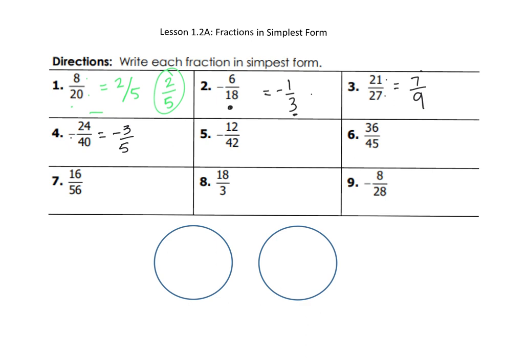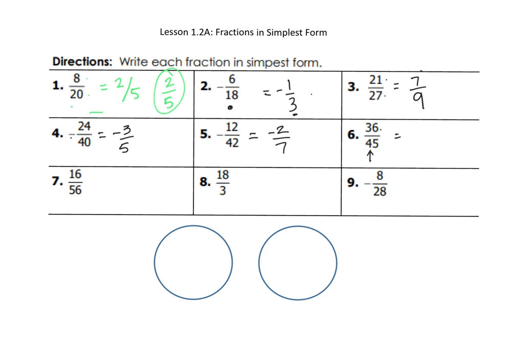Number 5, we have negative 12 over 42. If we type that in, hit equals, our calculator will tell us that this is the same as negative 2 out of 7. Number 6, 36 out of 45. This could mean that there was 45 total pieces to something, and you got 36.